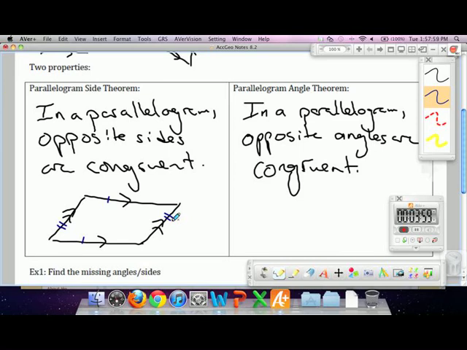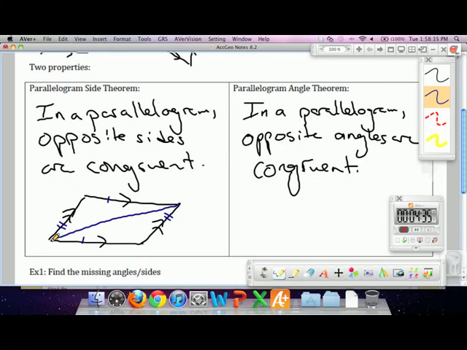Does anyone have an idea, just as a thought? I don't think we're going to spend much time today actually explaining why this theorem should be true. Does anyone want to take a stab at why it should be true? The big idea for why the proofs of these theorems work is that you could just split this into two triangles.